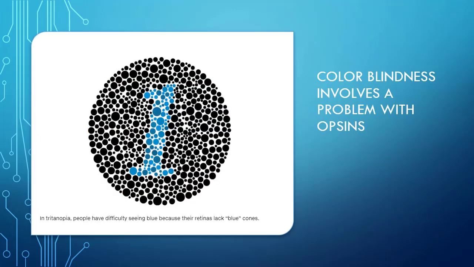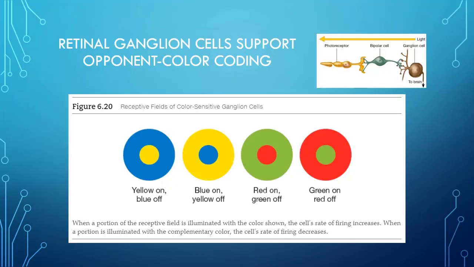And tritanopia is probably the rarest, and this is where people lack blue in these cones. Even if there is some problem with these blue cones, because of the way that this system works, there's more of an ability to account for these differences.